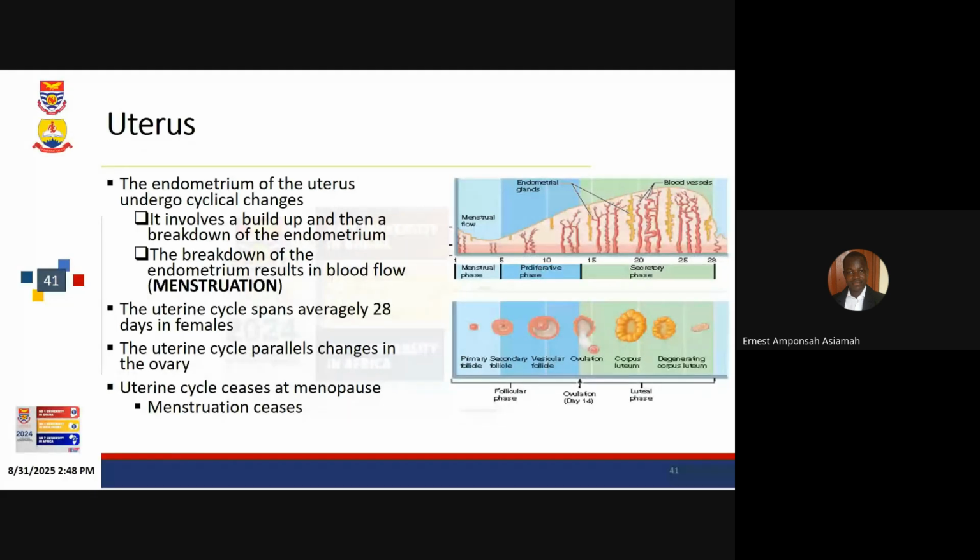On the slide you see the uterine cycle up there, and down there you can see the ovary.